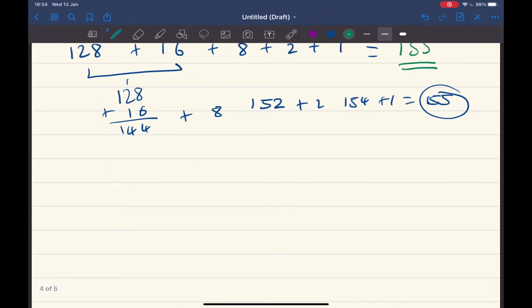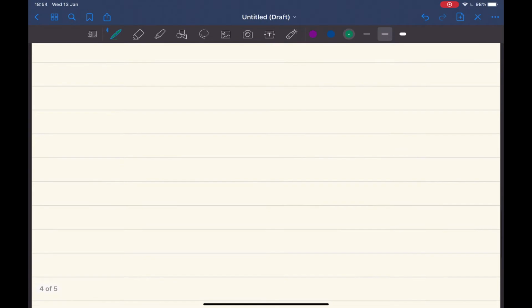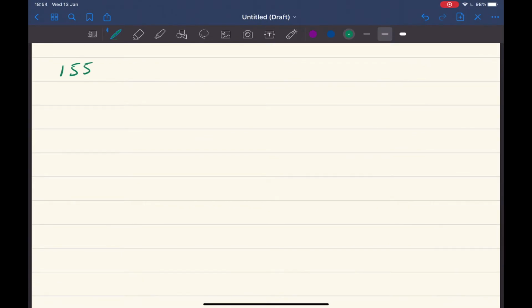If we're going the opposite way, so let's see if we were correct, we'll do 155 and we want to convert that into binary. We can say, does a 128 fit into 155?